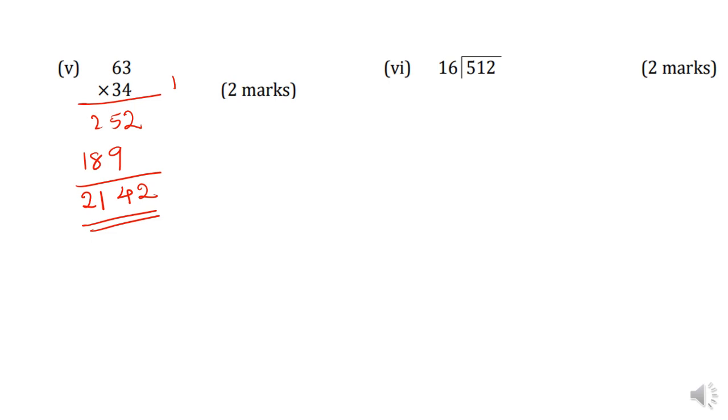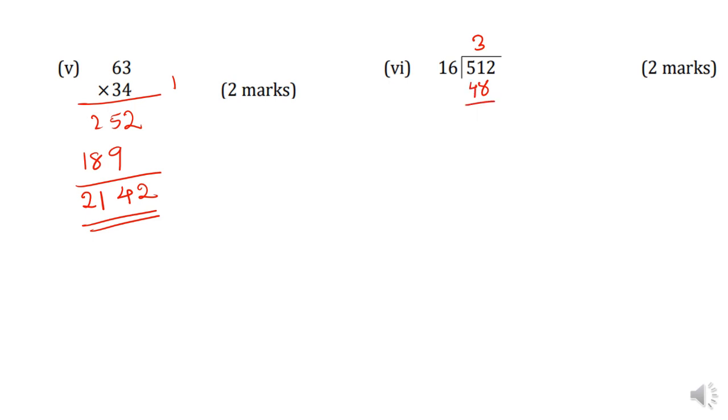In this one, you have to divide. For 51, there are 3 16s. 16 into 3 is 18, 1 carries. 3 into 1 is 3, 3 plus 1 is 4. 48.